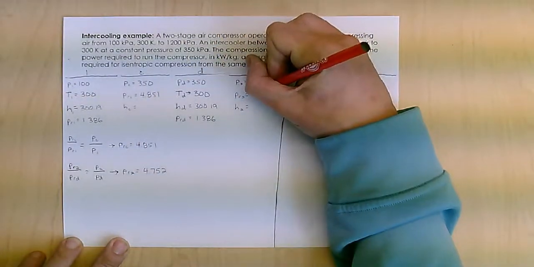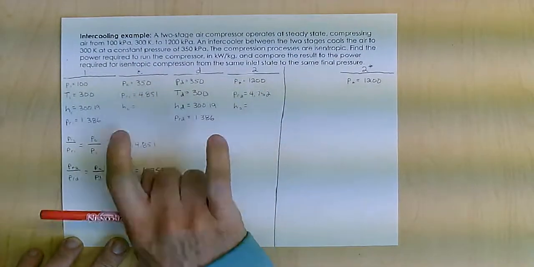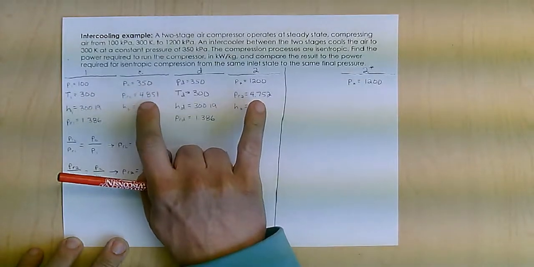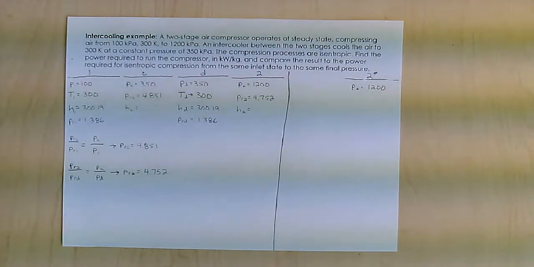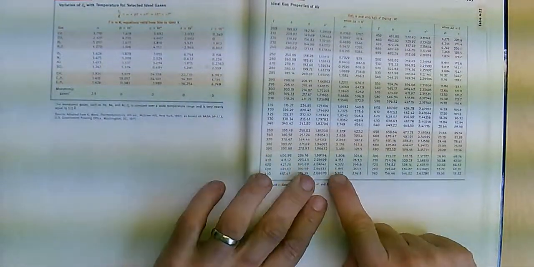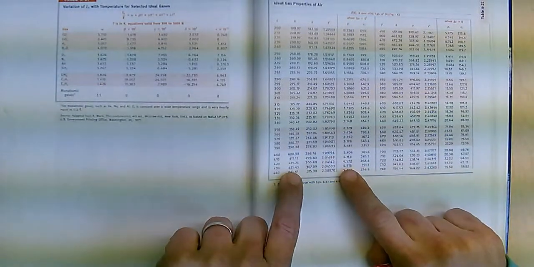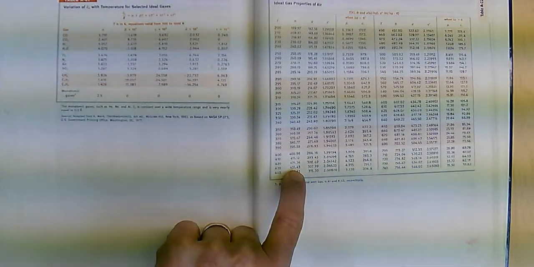Now I'm going to use both of these to look up my H values, HC and H2. One's at 4.85, one's at 4.75, so they're actually pretty close in their enthalpy here. So they're both going to be in the 420s for H values.